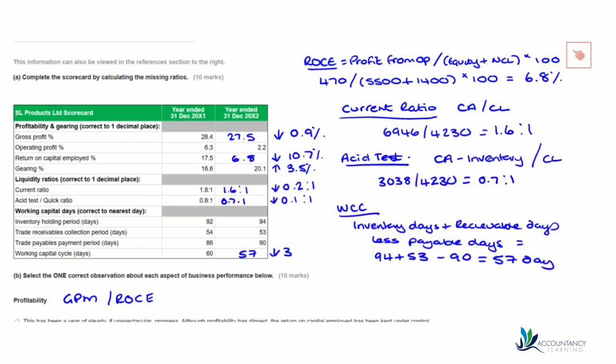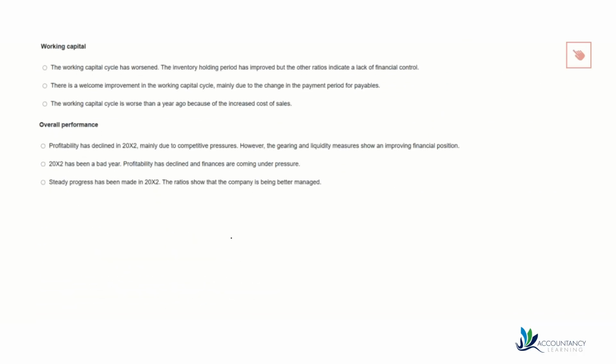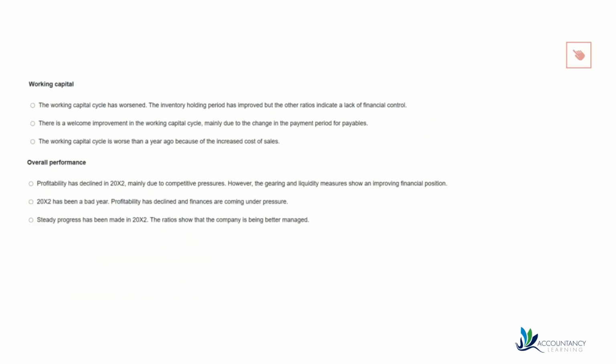If we have a quick look, we can see that there's been an increase in the payable days, which means that we're holding out a lot longer to pay our suppliers, while we are reducing the time we wait for money from our customers. Because of this, the answer to the working capital cycle is that there is a welcome improvement.